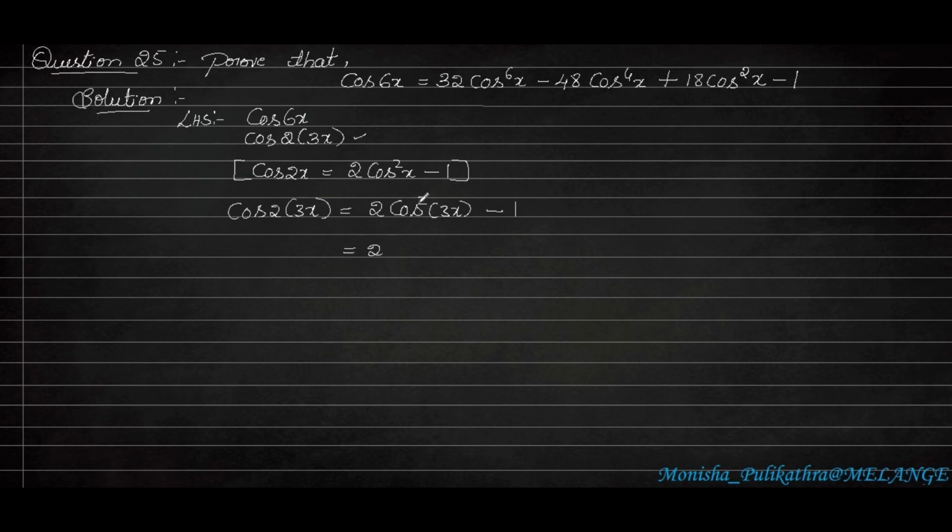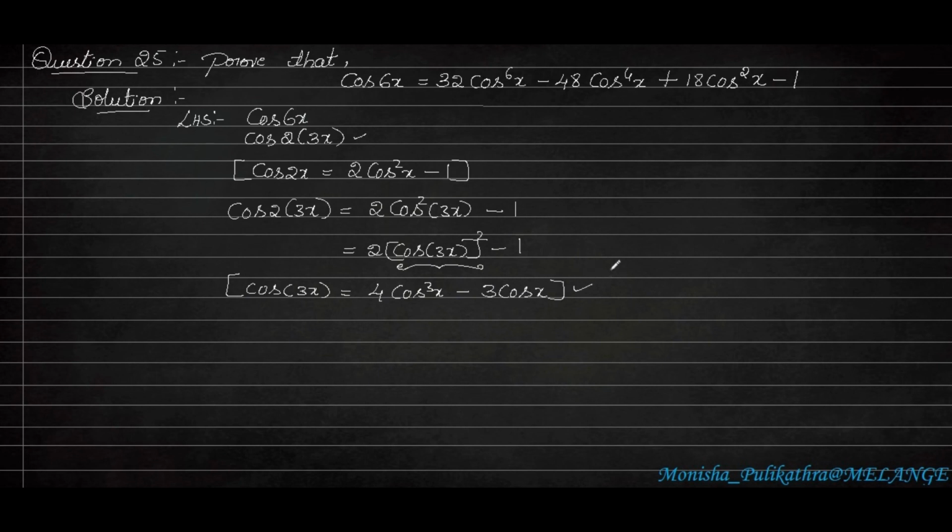So here this cos square we can take it as a whole square, that is cos 3x whole square minus 1. Here for this step we have to apply one more formula, that is cos 3x formula. So cos 3x is equal to 4 cos cube x minus 3 cos x. These two formulas you have to memorize.